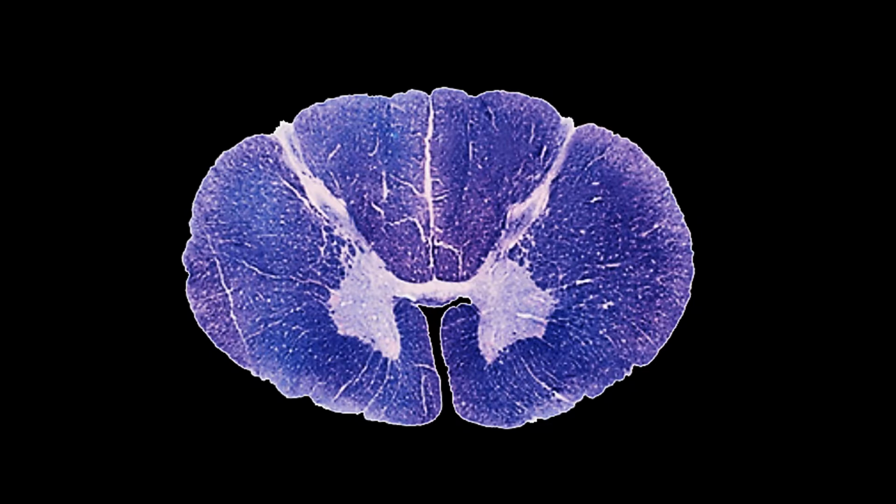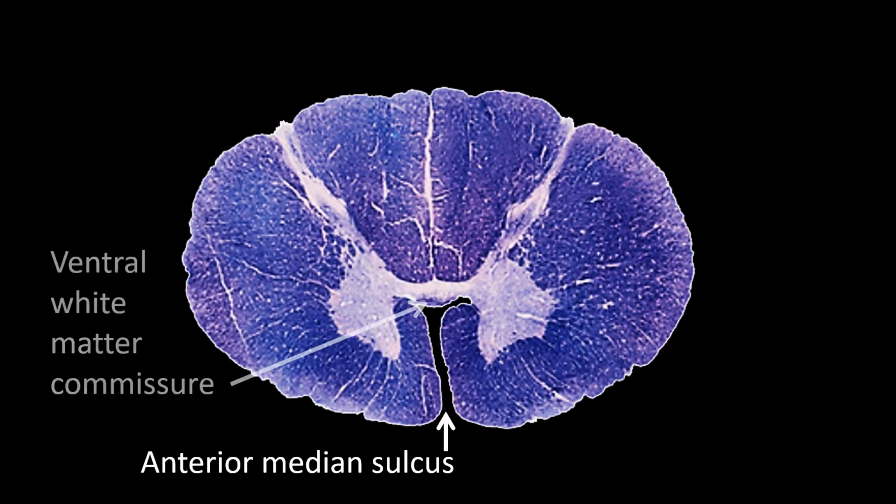In this specimen, we can label the following landmarks. The anterior median sulcus. Behind it, we find the ventral white commissure, here looking blue because this specimen was prepared with a blue myelin stain. Thus, the myelin looks darker than the gray matter.